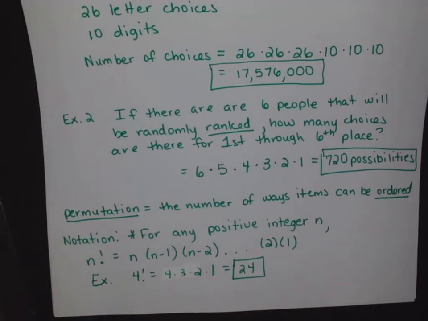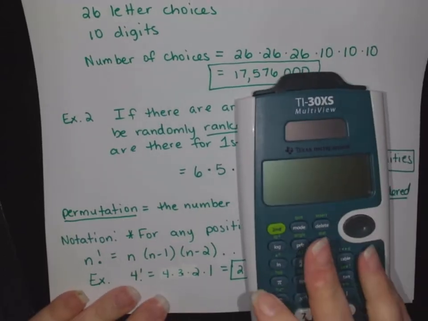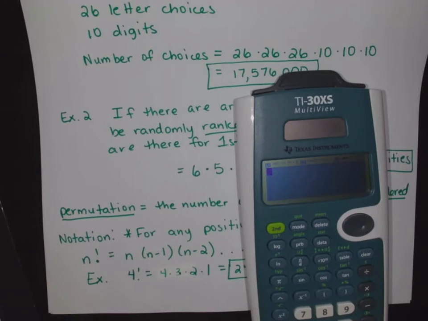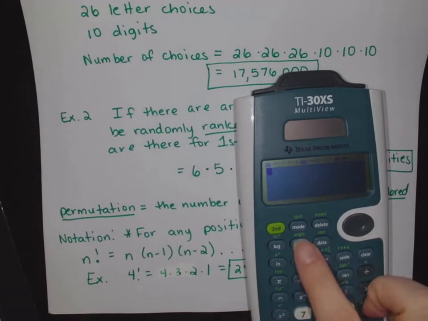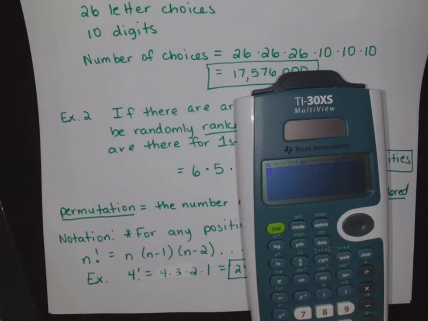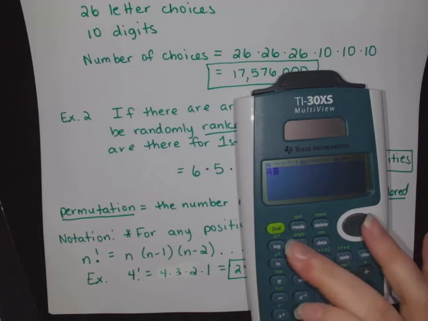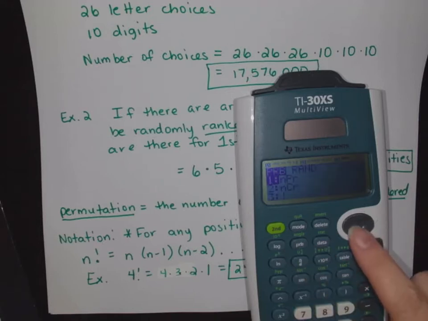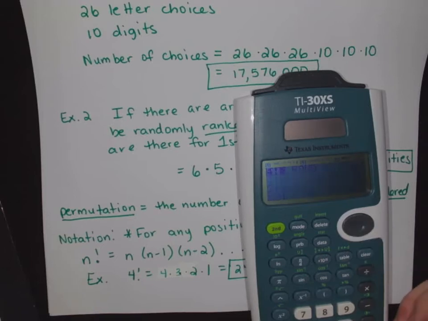Okay, so we're going to talk about how that applies to permutations, but I want to show you how on most of the calculators you can find the factorial button. So if you take out your calculator, even if yours is a little different than mine, you probably have a PRB button, which stands for probability. So if I wanted to do 4 factorial, I would do 4 and then PRB, and notice we're actually going to use number 1 and number 2, but number 3 is the one that I want because it has the exclamation point.